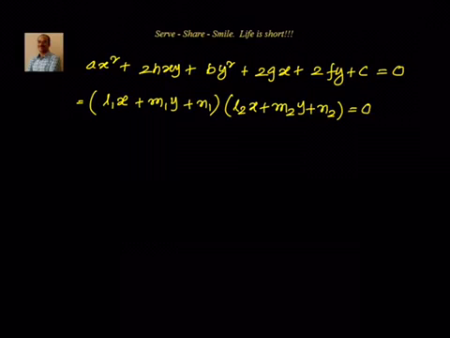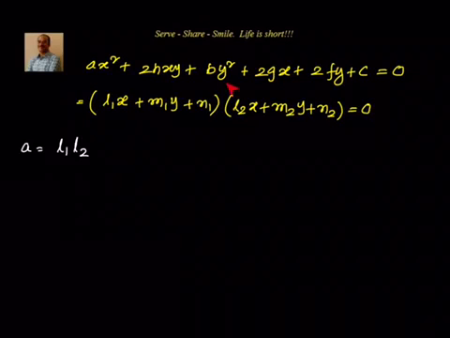If we compare the coefficients, what I see is A equal to L1 into L2, because that is where I have the x square term. Ax square is nothing but L1x into L2x. So A is L1 L2. Similarly by square is coming from M1 into M2.